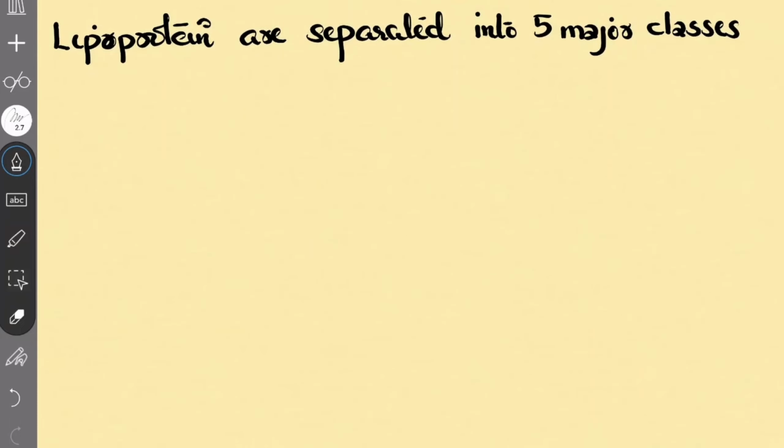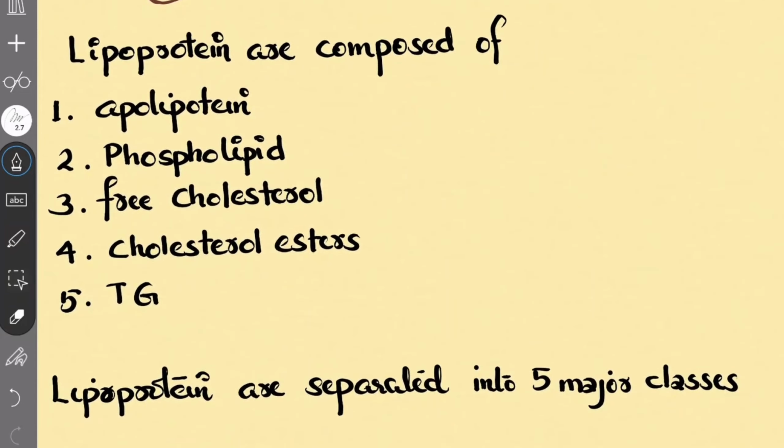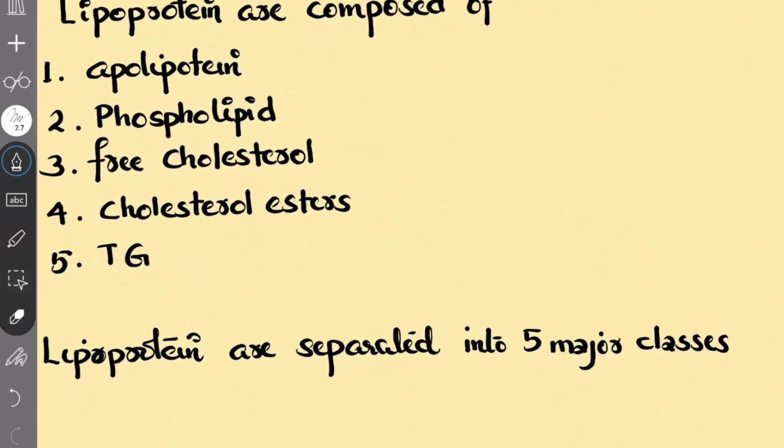So what are the 5 major classes of lipoprotein? Before that, think about what constitutes a lipoprotein: free cholesterol, cholesterol esters, triglycerides, phospholipids, apolipoprotein, all those things.